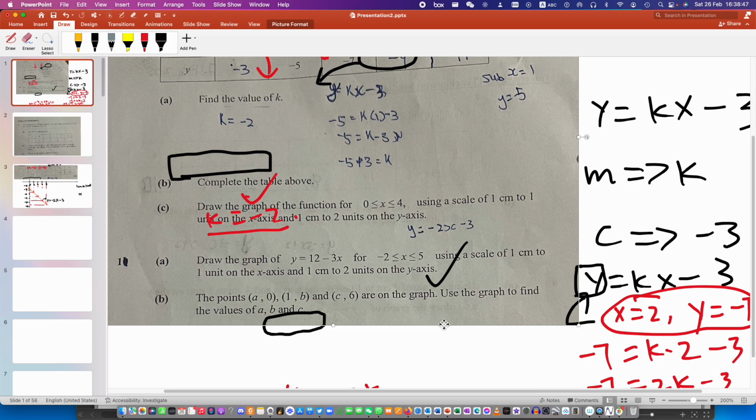It's actually in between. It's not on the line. It's in between. It should be inside that square.